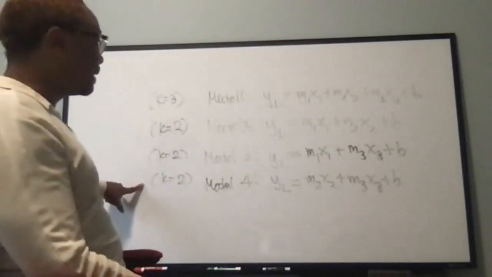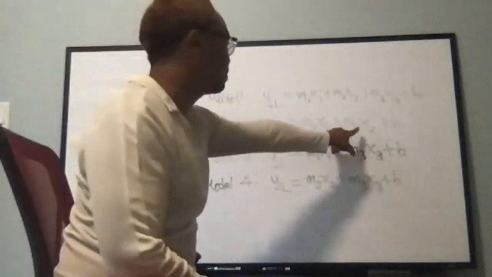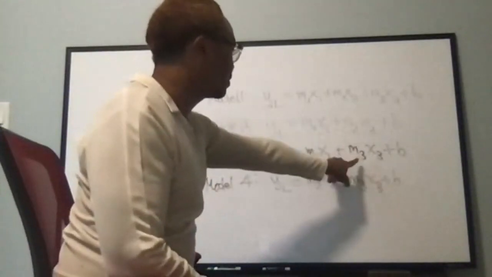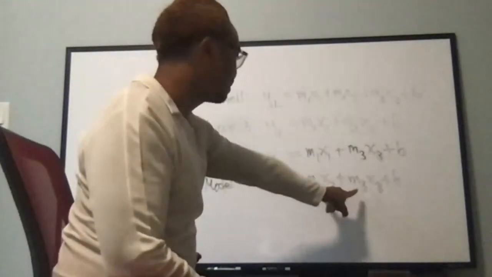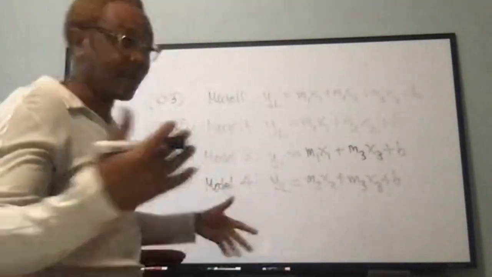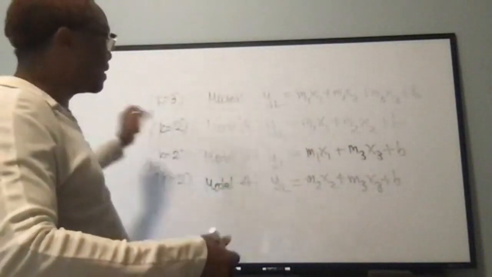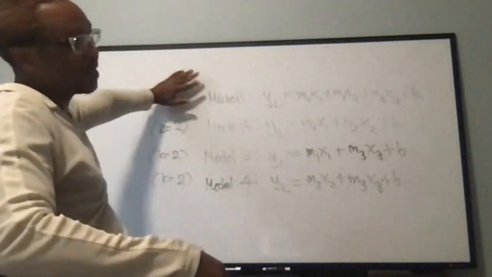What I do is run separate regressions, just using these 2, then those 2, then these 2, and compare the R-squared values. I'll say more on that in a second, but I want to show you what's going on here.